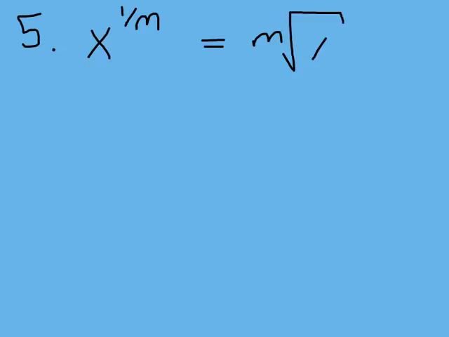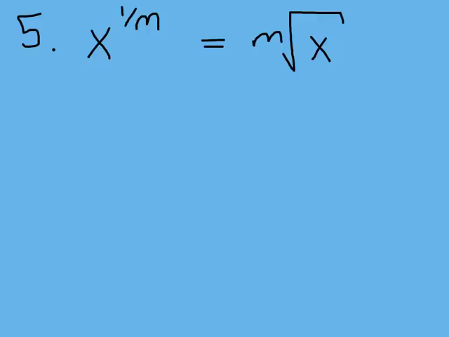Let's look at one more rule of exponents, and this one's a little bit tricky. Rule number 5 would be if you have x to the 1 over n power, that means that you have a root. So that would be the nth root of x. And you can switch back and forth between both of these.